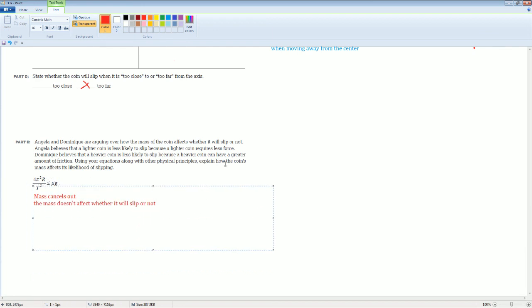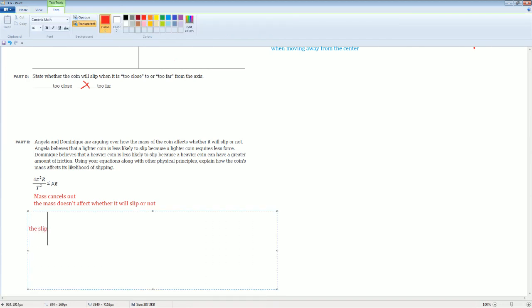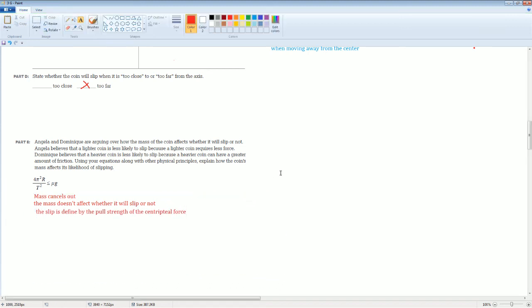And in this case, the slip is defined by the strength of the centripetal force. It is the sum of all the forces that is keeping it in the circle.